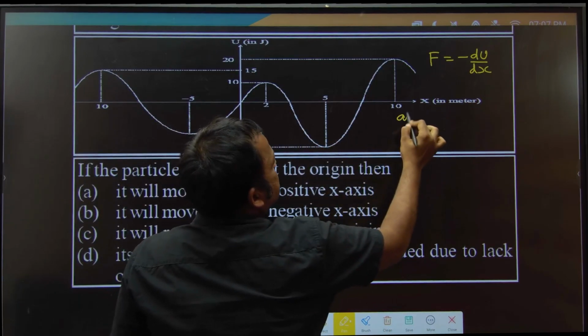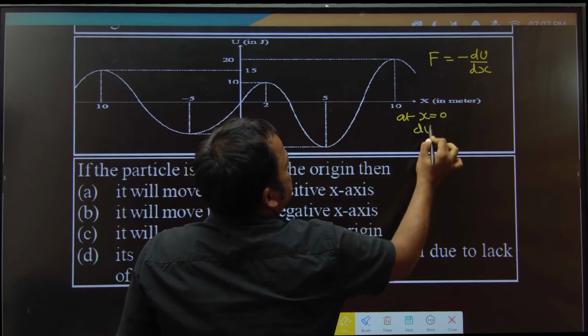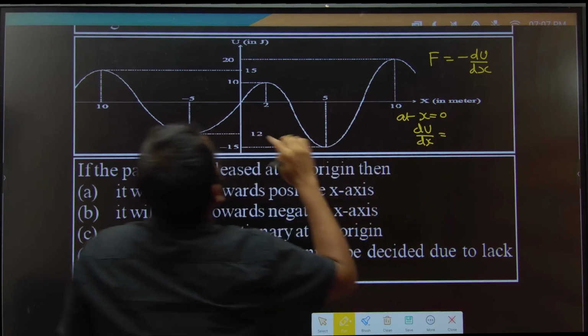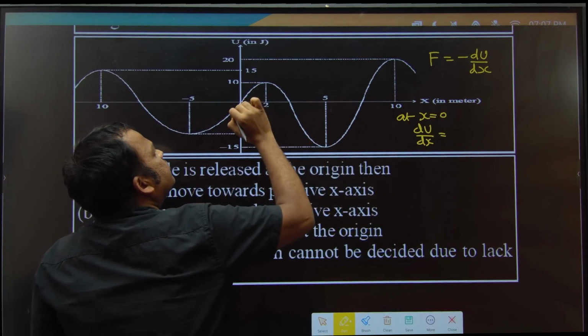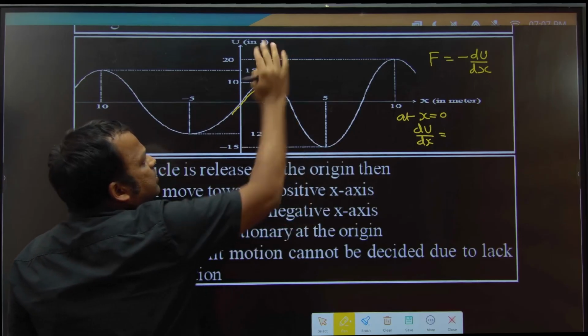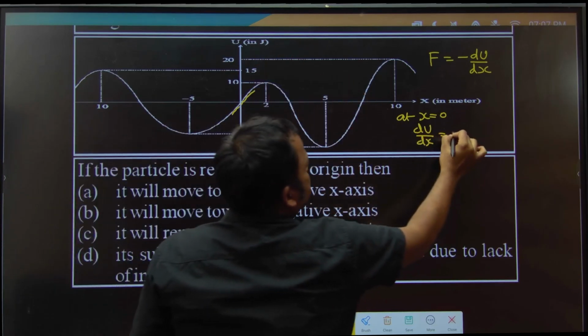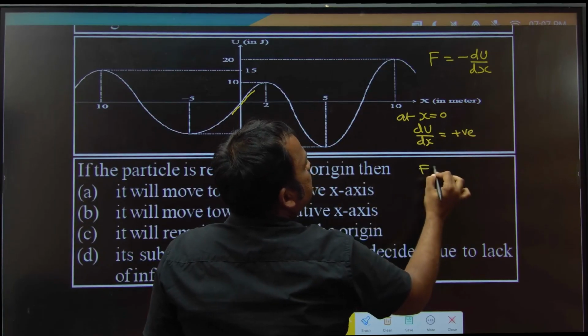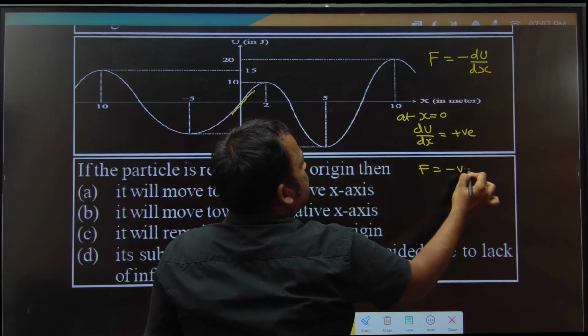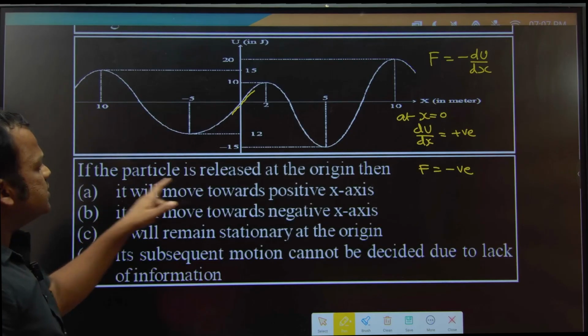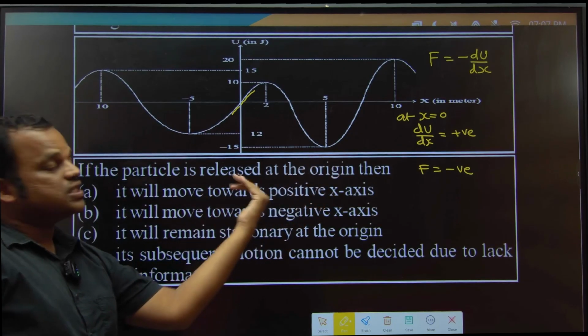At x equal to 0, dU by dx is positive. If you draw a tangent here, it makes less than 90 degrees with the positive x direction, so the slope is positive. So force will be negative because of the minus sign in minus dU by dx. Force is negative if it is released at origin.